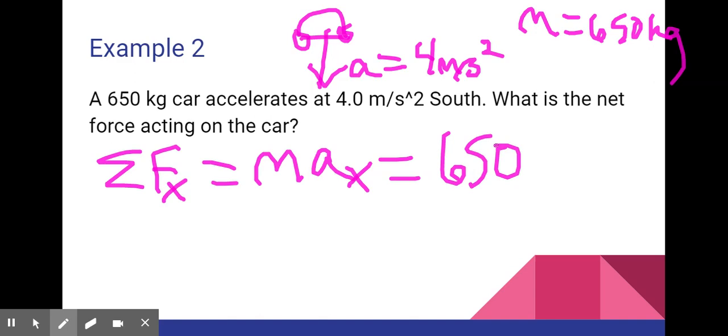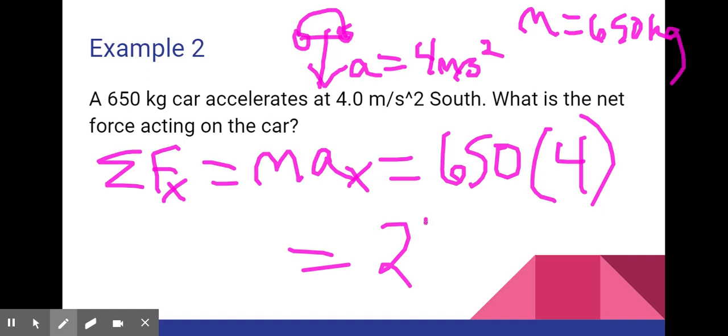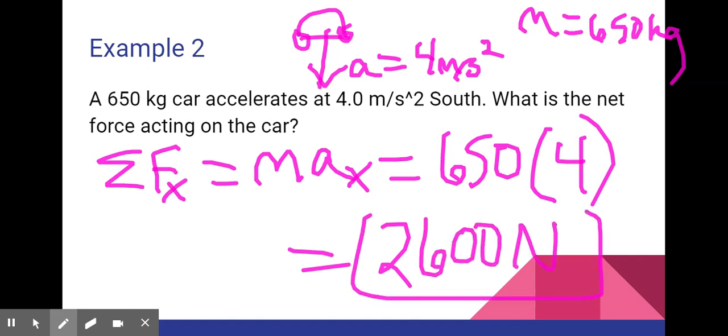We don't use grams, we use kilograms. So 650 kilograms times 4 meters per second squared should get you 2,600 newtons. And again, from our previous video, we remember that kilogram meters per second squared is equal to newtons, which is our unit for forces.